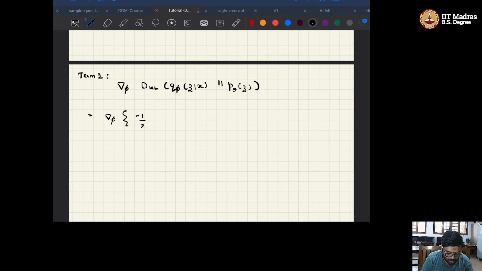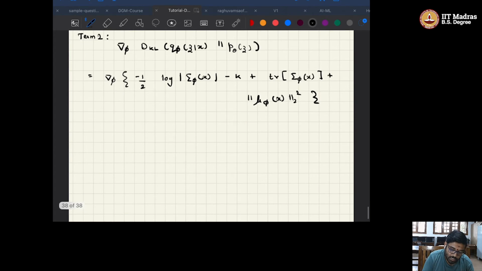I'll just write that equation down, that is minus half log of the determinant of the matrix, minus k, which is the dimension of the latent space, and the trace of the matrix plus the norm of the mean. Now this is the value.